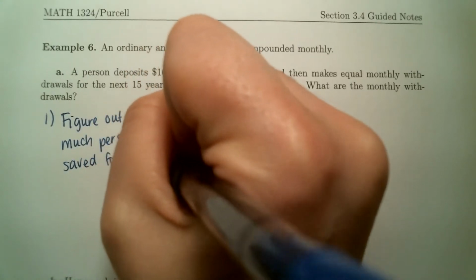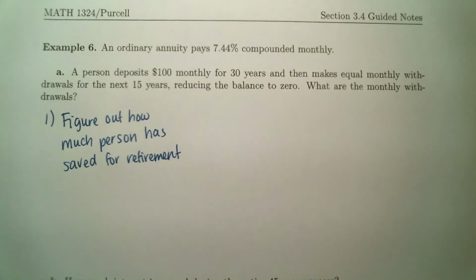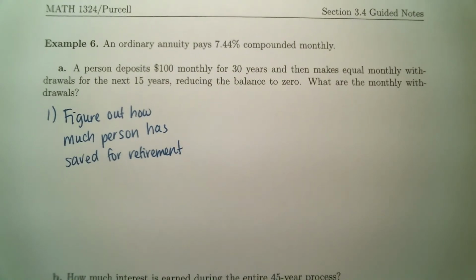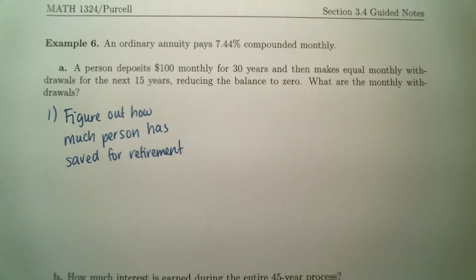And then in step 2, once they have that nest egg saved for retirement, you need to figure out what their monthly withdrawals can be if they're going to withdraw over a 15-year period.